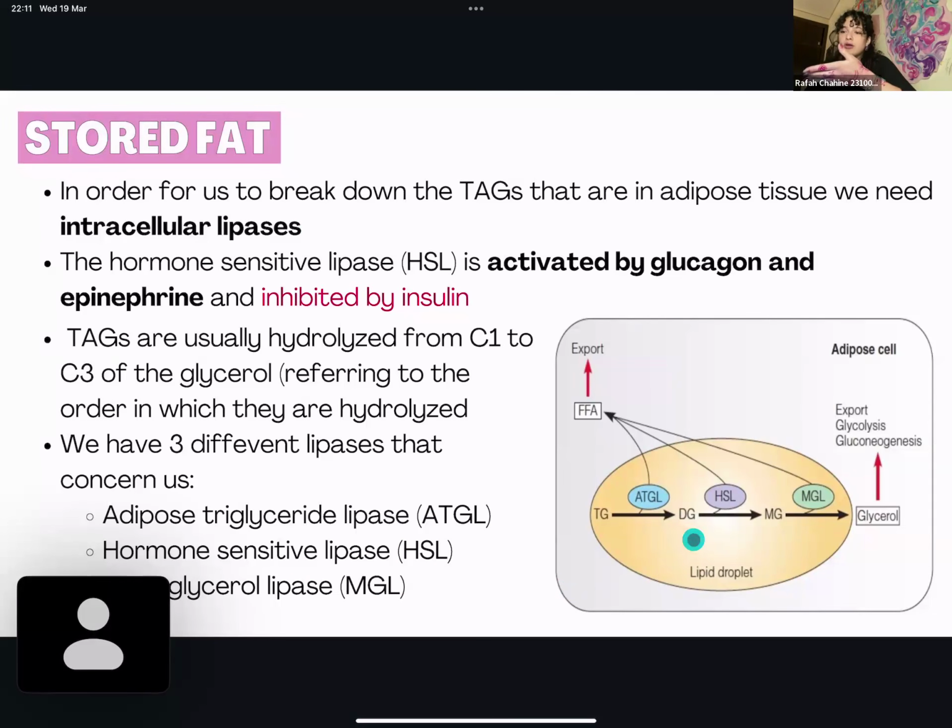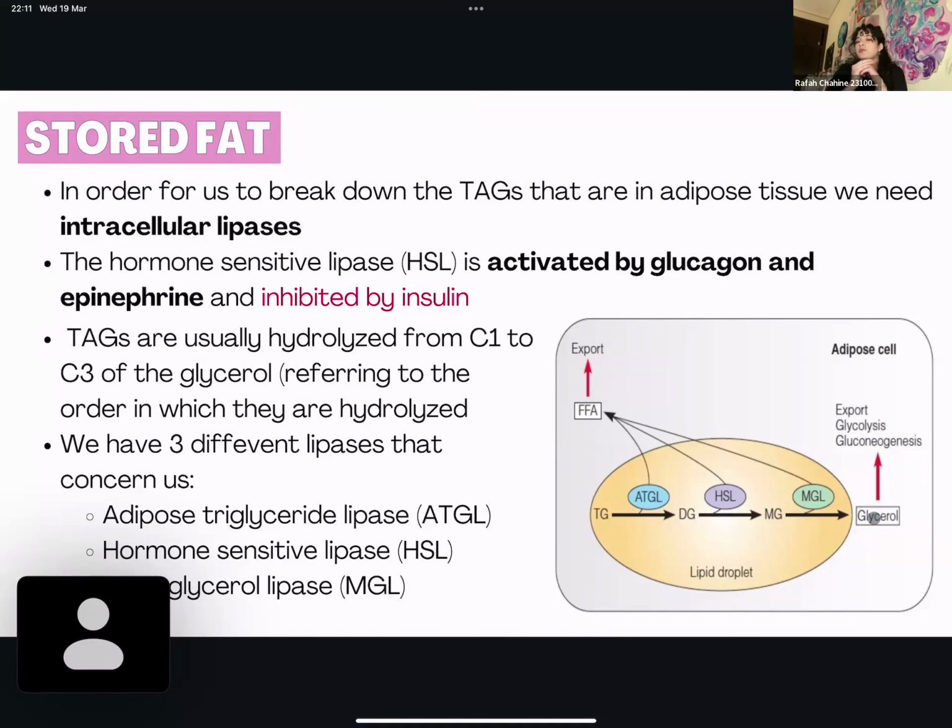Now, the way things work here is that ATGL is going to break down this triglyceride, which has 3 fatty acids, into a diacylglycerol, which has 2. HSL is going to break down this diacylglycerol, which has 2 fatty acids, into a monoacylglycerol, which has 1. And then finally, monoglycerol lipase is going to break down the monoglycerol, which has 1, into glycerol and fatty acids. So we're going in a stepwise fashion.